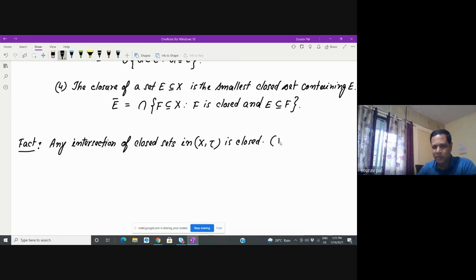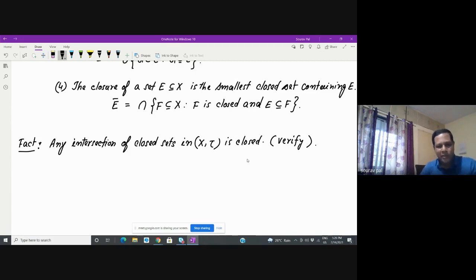Please verify this. It follows directly from the fact that any union of open sets is open. You take an arbitrary collection of closed sets and take its intersection and show that it is again closed. You use only the fact that arbitrary union of open sets is open.